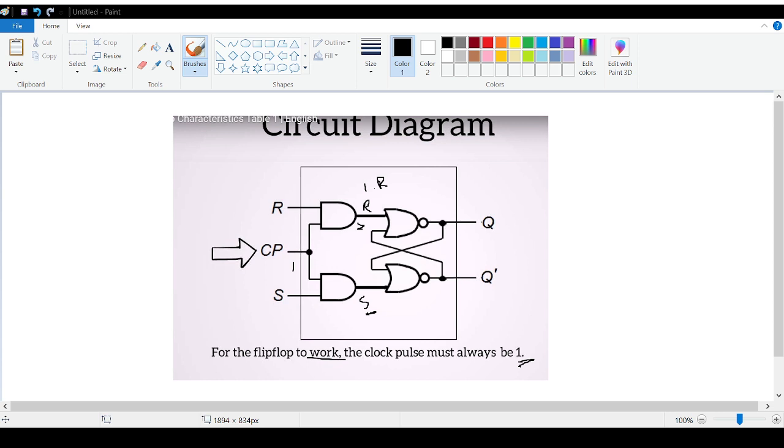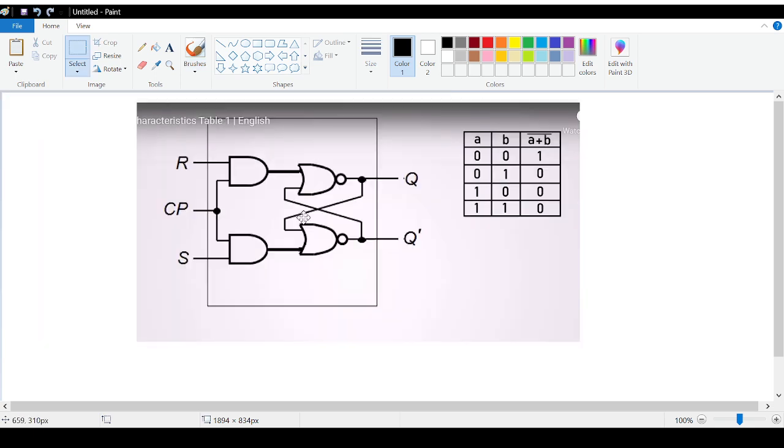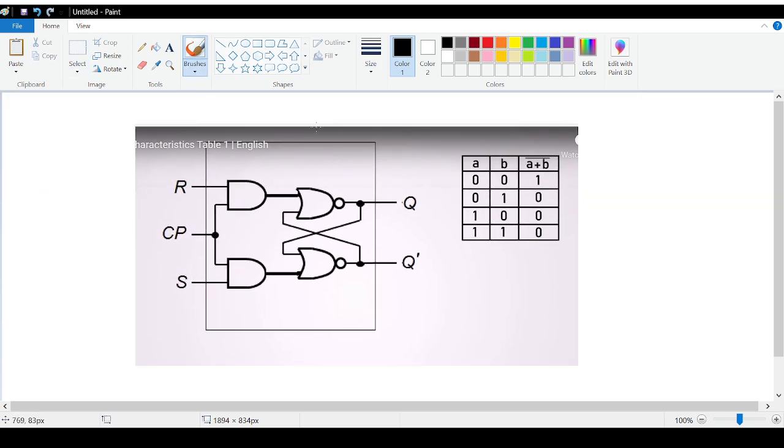Now let's see how this circuit will work. Okay, give me a moment. Okay, so this is a NOR gate. Okay, so let's first quickly construct the truth table for a NOR gate.